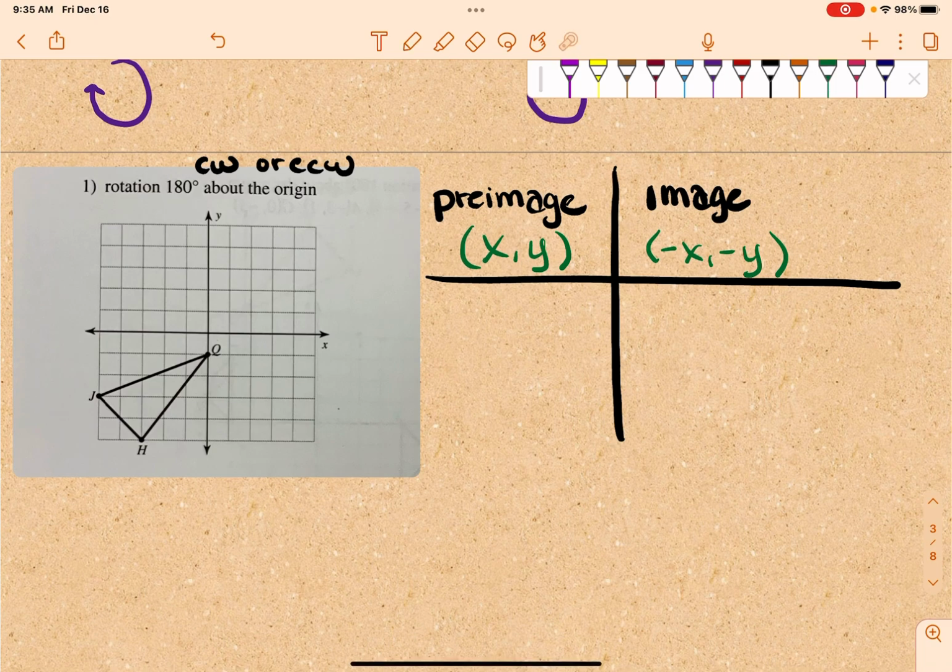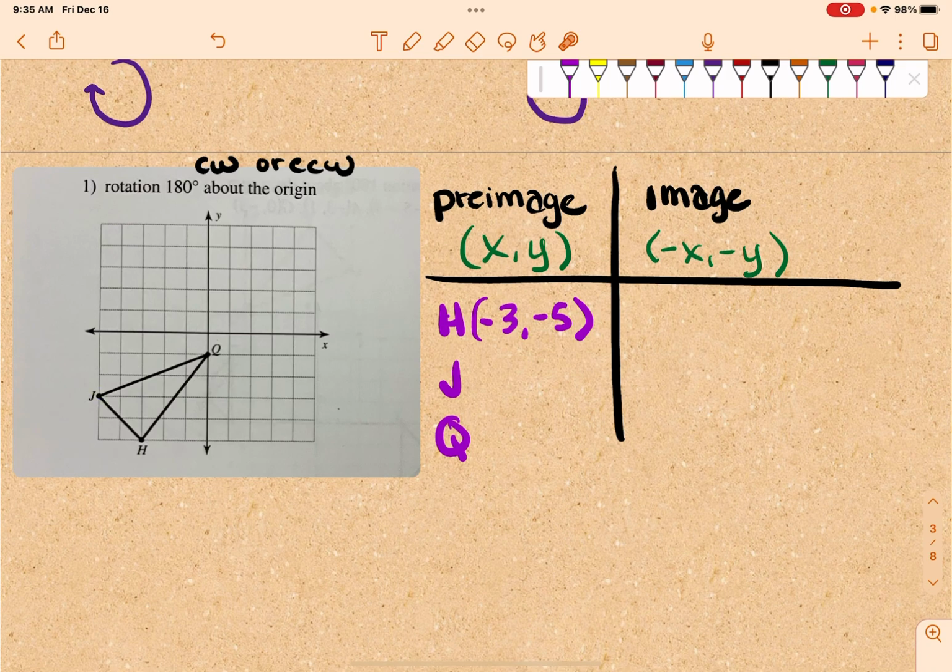So what I'm going to do is go over here and get the points for these three corners, and we're going to change them. The three that I have are H, J, and Q. If I look at this point H right here, I'd have to go 1, 2, negative 3 over, 1, 2, 3, 4, 5. So for H it's going to be (negative 3, negative 5).